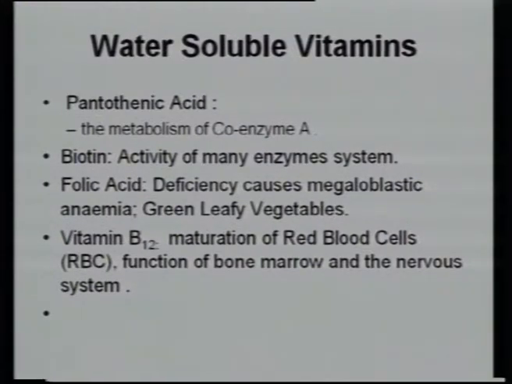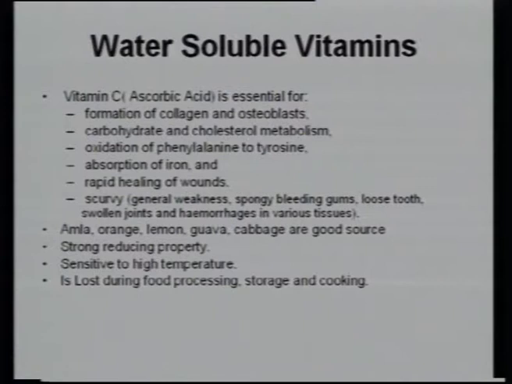Then biotin assists in the activity of many enzyme systems. Folic acid absence causes anemia; it is present in green leafy vegetables. Vitamin B12 helps in maturation of red blood cells and functioning of bone marrow and nervous system. Vitamin C is particularly important for fruit and vegetable processing.